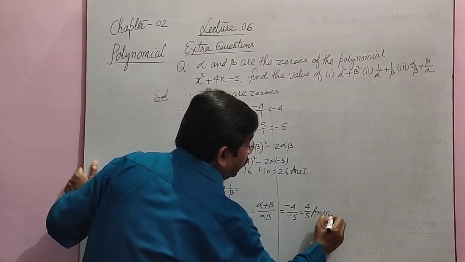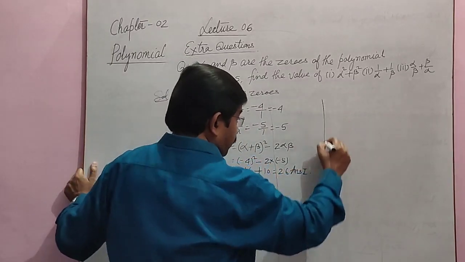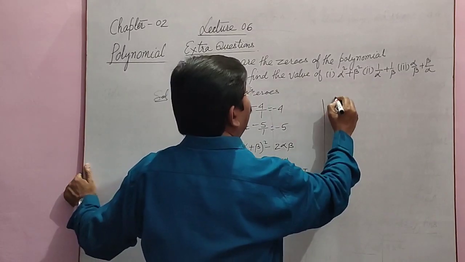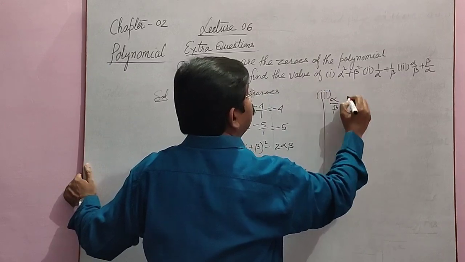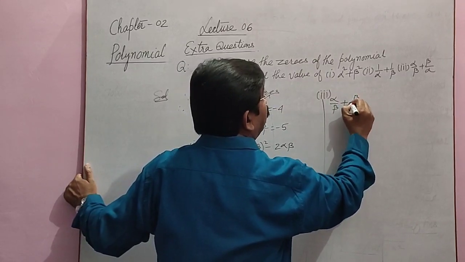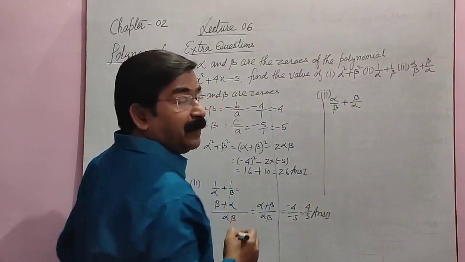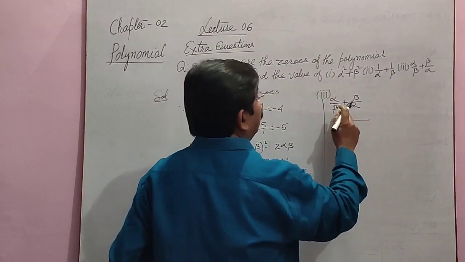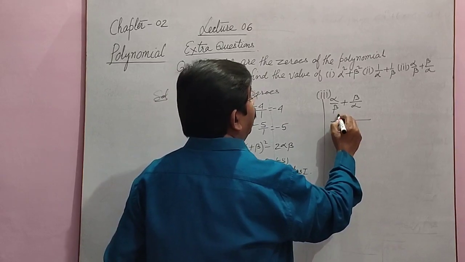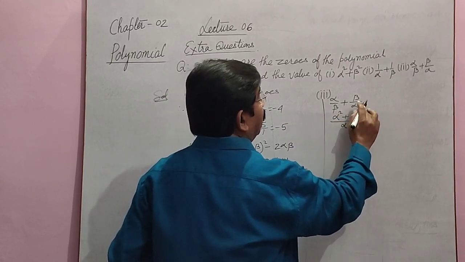This is the second answer. Now the third one is alpha upon beta, third part, plus beta upon alpha. Take the LCM again. What do we have? Alpha beta is the LCM. Beta and beta will go. We have alpha square. Plus, alpha and alpha will go.